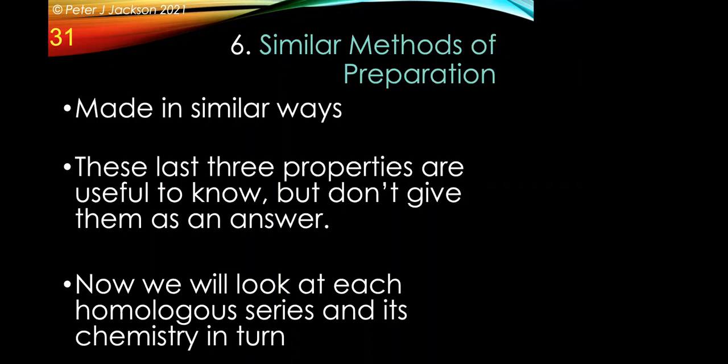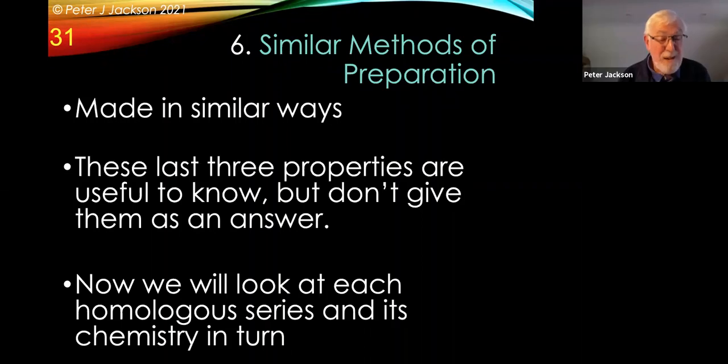I just had one question come in. Why should we not give those last few properties as an answer? Because you won't get a mark for it. Simple answer. Well, you may not get a mark for it. It's probably a better thing to say. The first 3 are the 3 that, if you look at the marking schemes, are consistently there. The other 3 are correct, but the marking in chemistry is pretty tough.